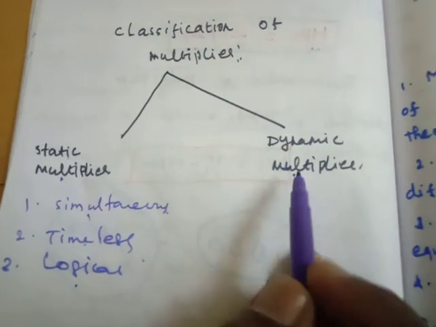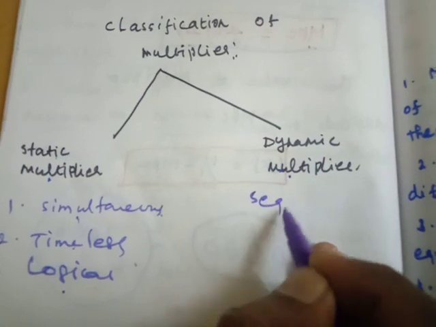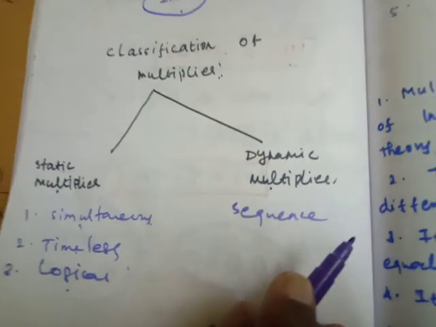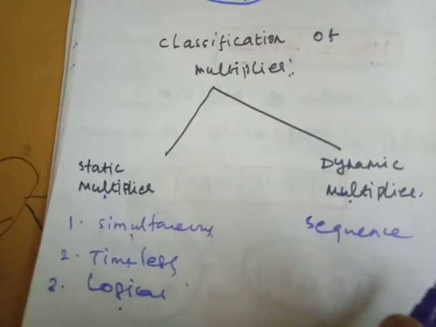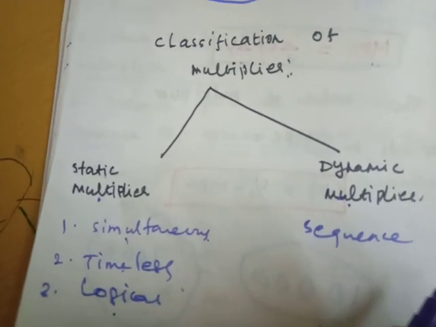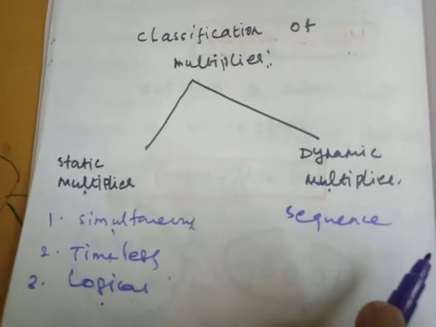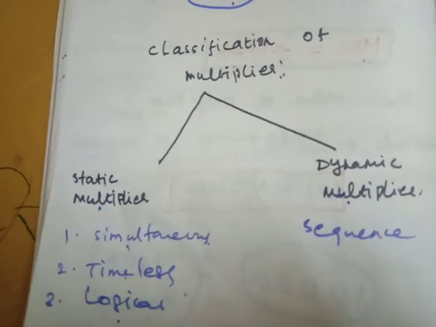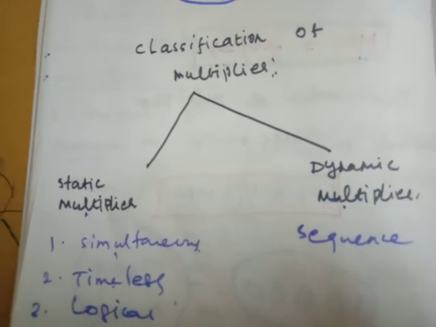The second one is the dynamic multiplier, also known as the sequence multiplier. In real life, the income level does not increase instantly. Year by year, month by month, our income increases with investment, because investment is a very long process, so we cannot expect income immediately.